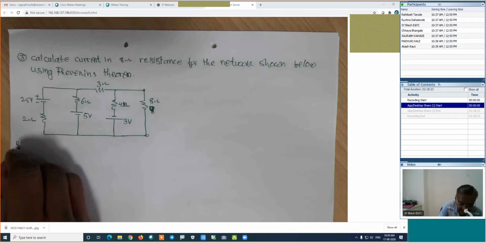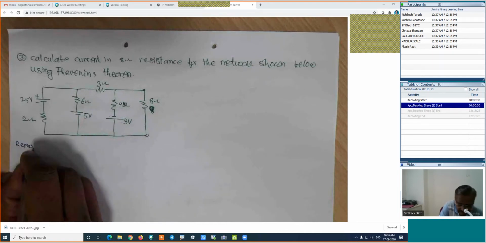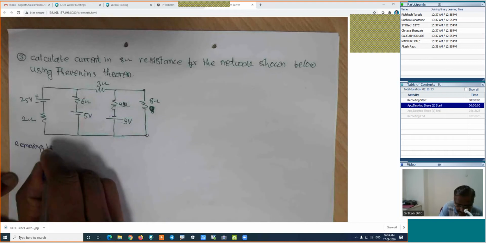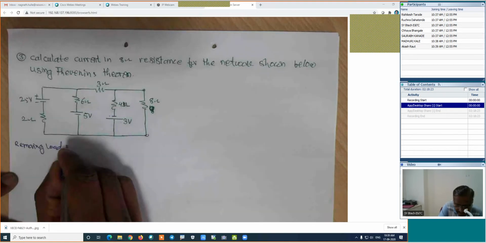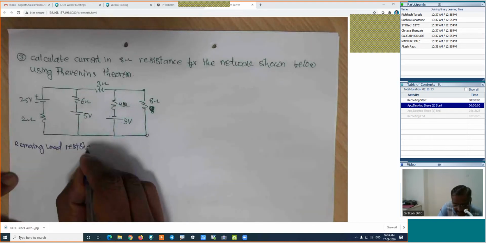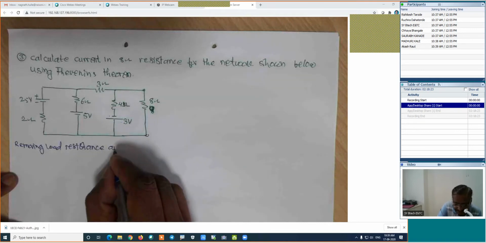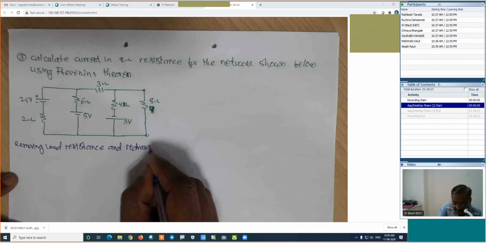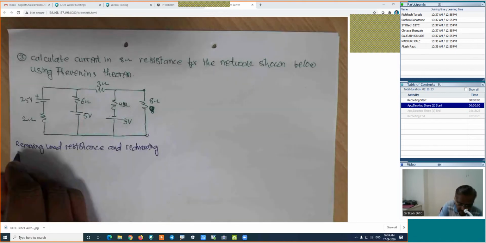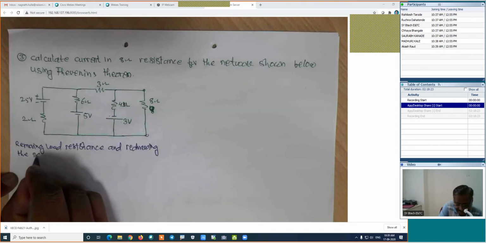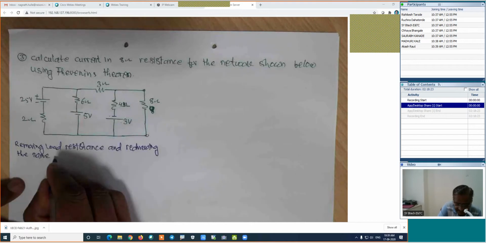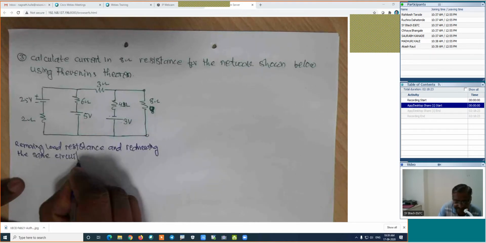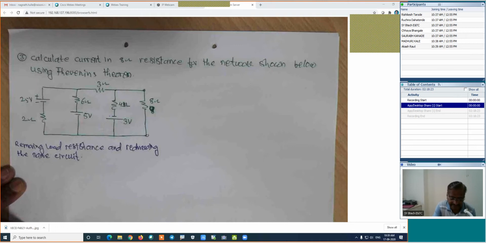I will write the same. Redrawing the same circuit. Is it right? Now here I will redraw the same circuit.